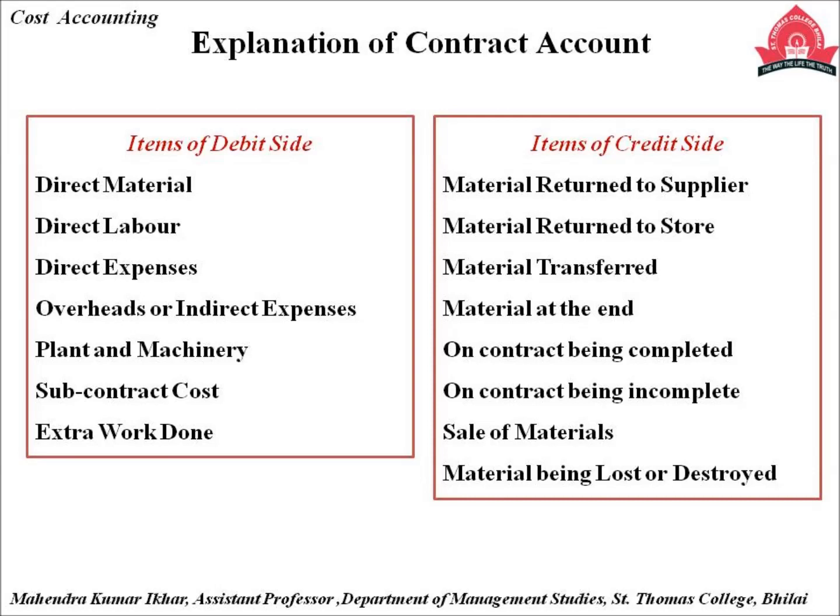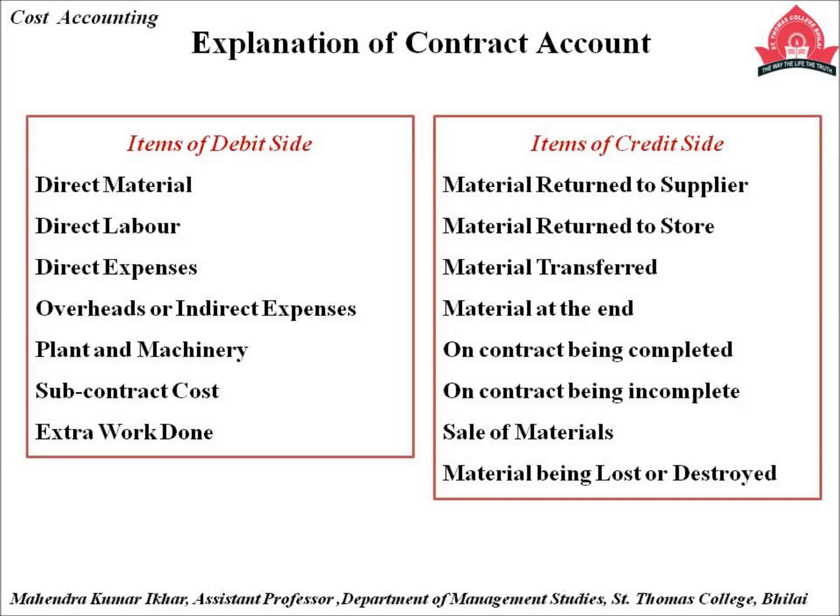Sometimes the contract is not completed in one accounting year, so that contract account is credited as work in progress account, and under that we have two items: work certified and work uncertified.